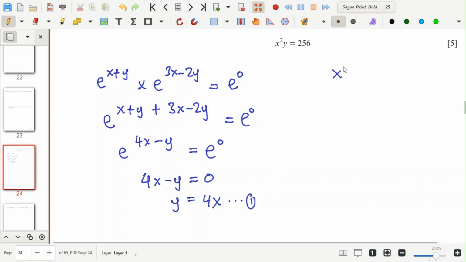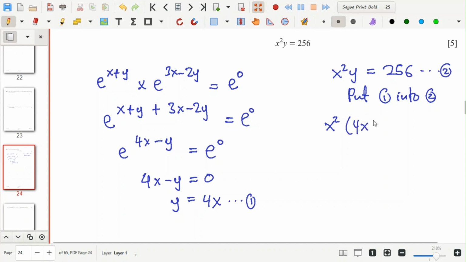Then we have x squared y is equal to 256. Let me call this equation 2. So what I'll do is put equation 1 into 2. So your y is 4x.